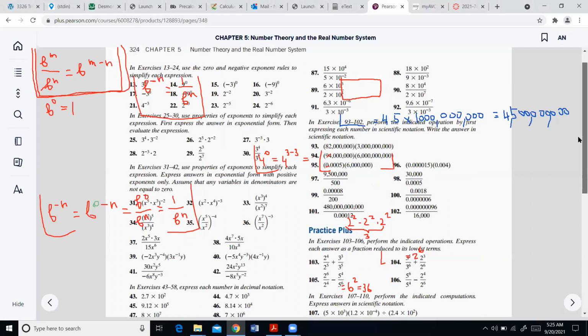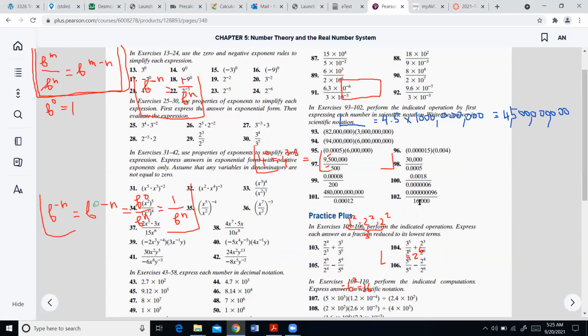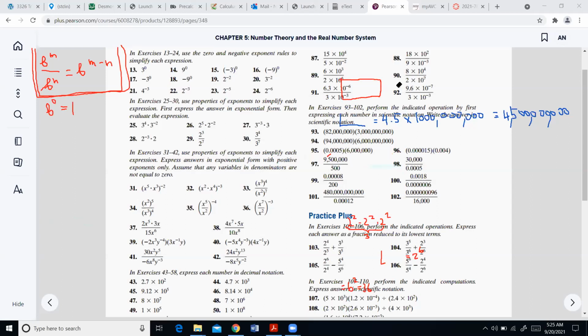So let me clean a little bit of these properties. So this page here, and do some problems on this page. Looks like up to practice plus, we have a whole bunch of exercises in here. So let me clear this out.